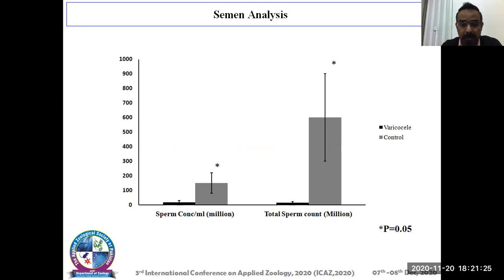The sperm concentration was also found to be extremely low. Total sperm count from each ejaculate was also found to be extremely low as compared to the healthy control, and this is the main reason for the diagnosis of primary infertility.